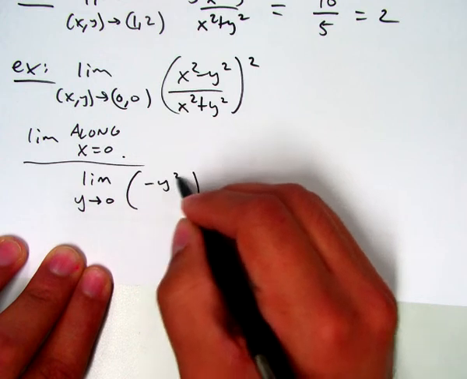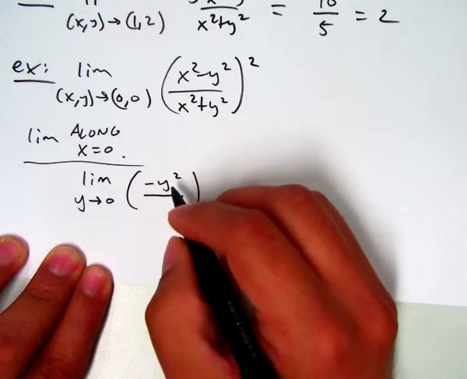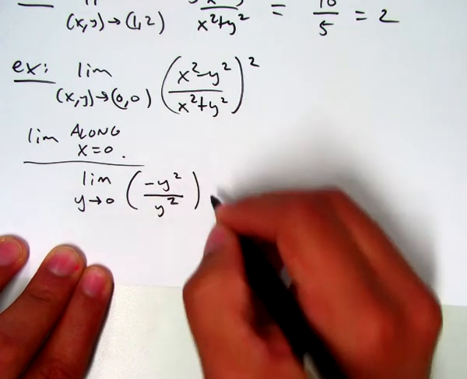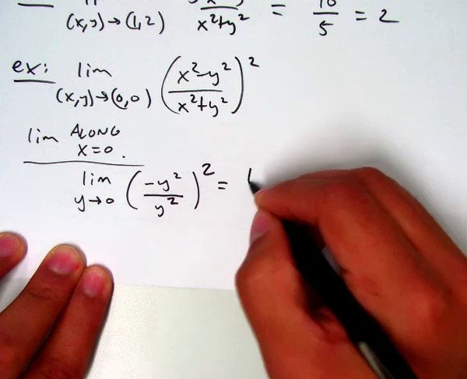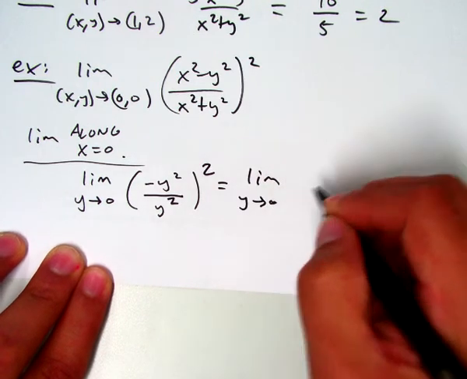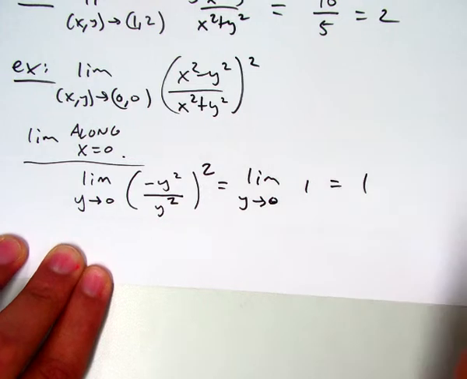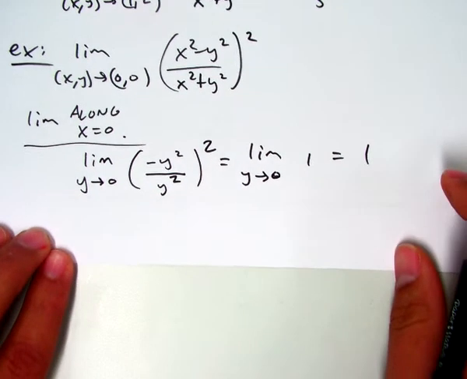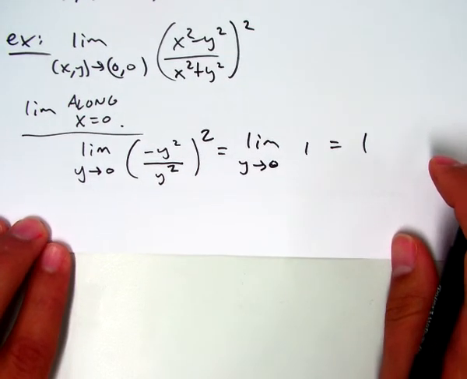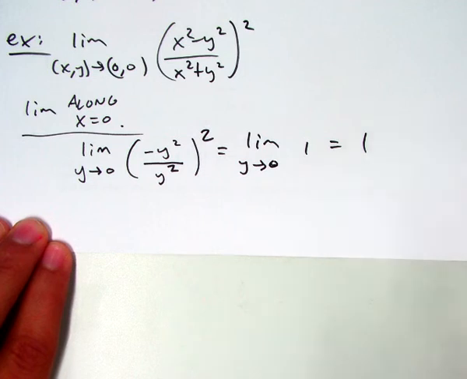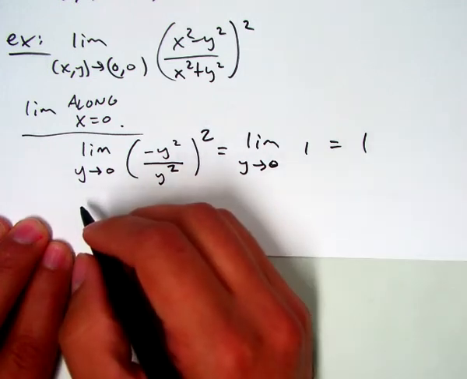Negative y squared. If x is 0, the denominator is just y squared, and this is all squared. So this is the limit as y approaches 0 of 1, which is 1. If we have a pretty good feeling that this is going to be a weird limit and probably doesn't exist, then we try a different direction and get a different value.